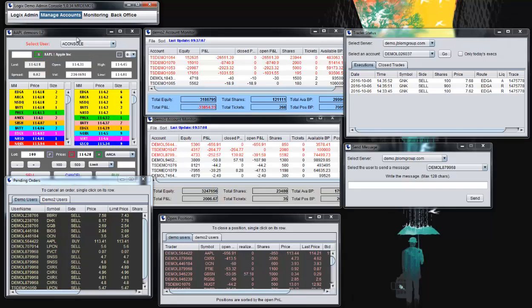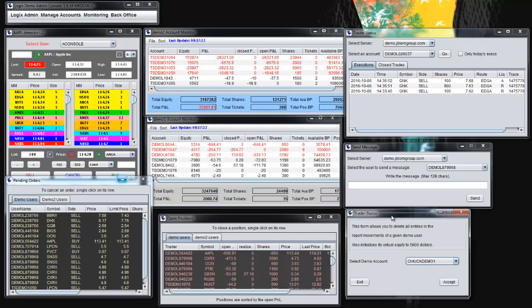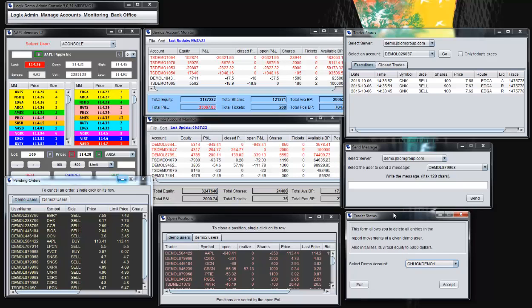You can always reset the demo or demo reports, and that would allow you to go back to his default or starting position, whatever you gave him at the beginning, $10,000 in simulated equity, $1 million in simulated buying power, and stuff like that. So you can reset those in case somebody went trigger happy on a day, and you just want to start all over. It's like a reset button, so to speak.